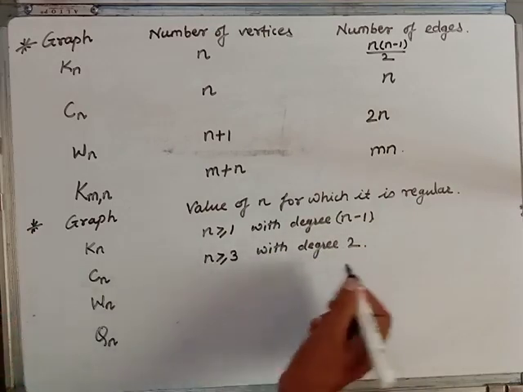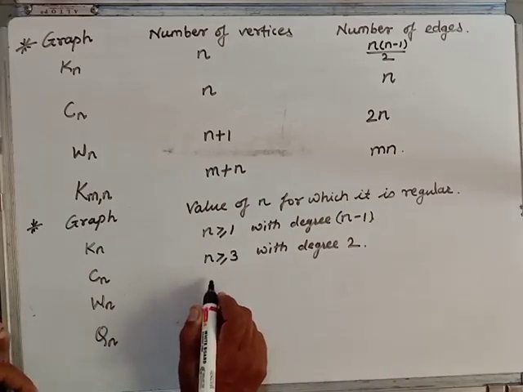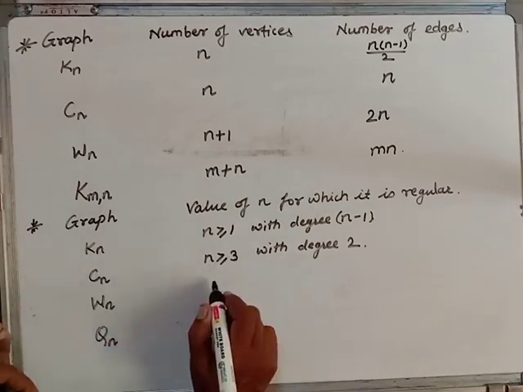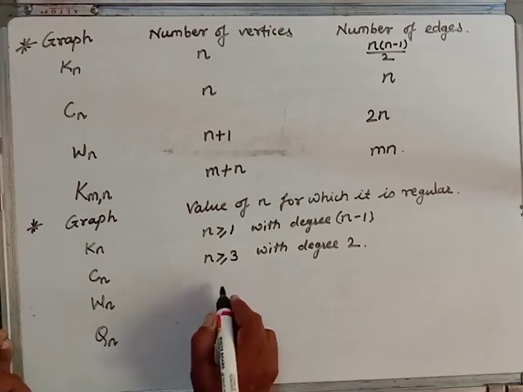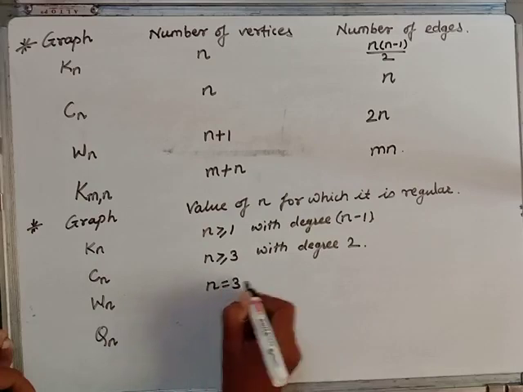In a cycle, every vertex has degree 2. For the wheel, the degree of the middle vertex will be n, so it won't be regular, except for Wn with n equal to 3 only.